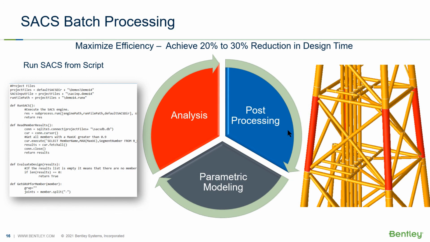The last update I will introduce is the SACS API and batch processing through scripts. Through this update, users can modify the model through scripting and run the analysis. So, through the script, users are able to create customized tools such as macros that manipulate SACS model data and results.